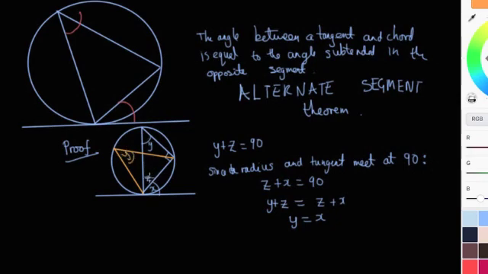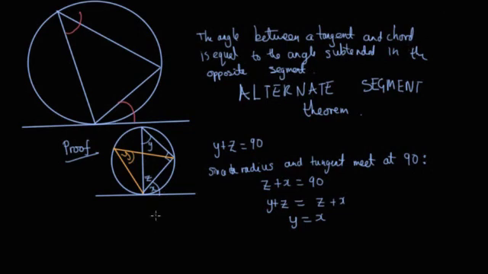Any angle subtended in the opposite segment must be the same. So we've just moved this point here to point Q. This point is no longer on the diameter, but the angle with the chord, x, must still be the same as y.